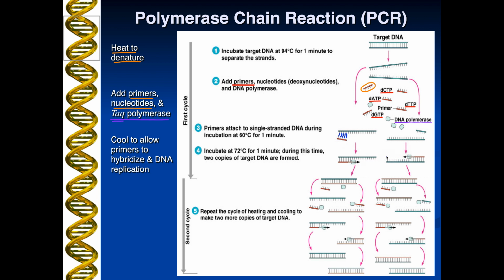And the same thing would happen with our other primer, right? And it's going to work this way on this complementary strand, and we're going to double the amount of that particular sequence.